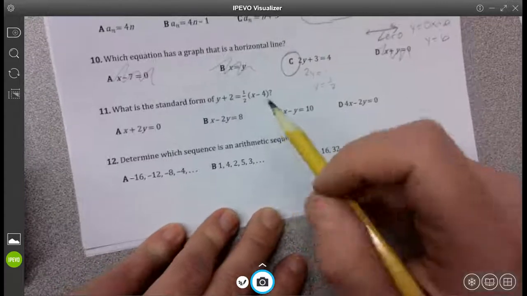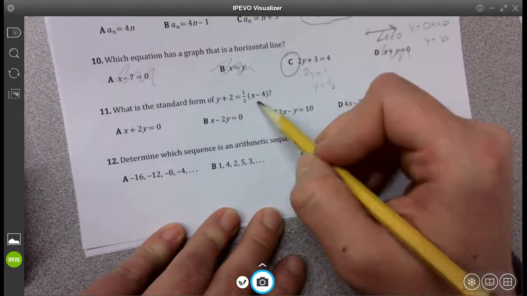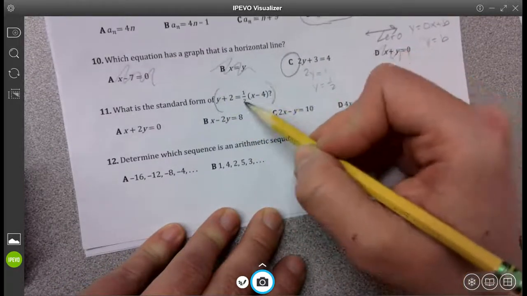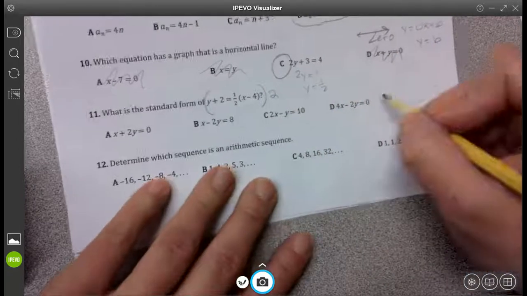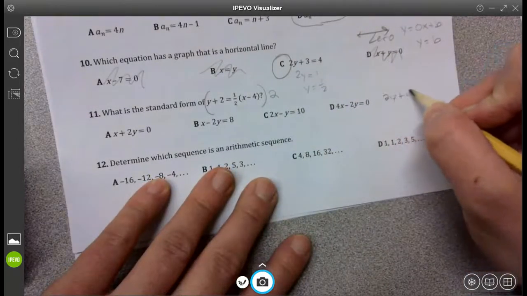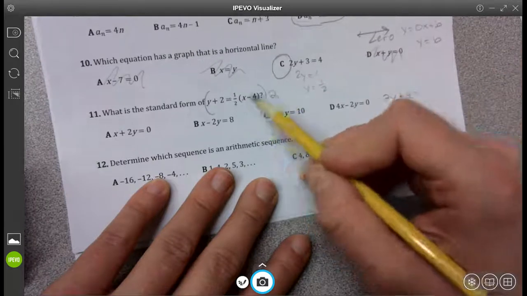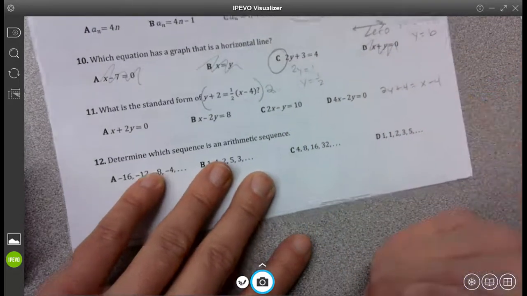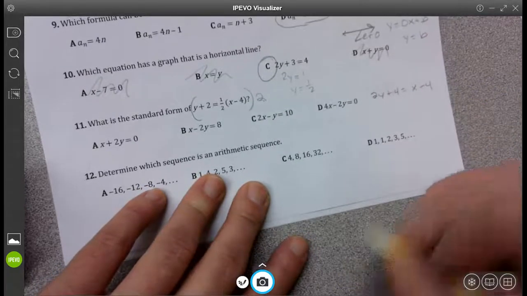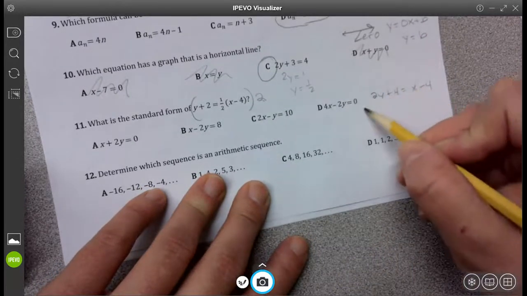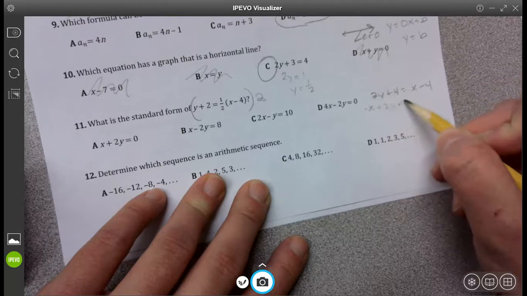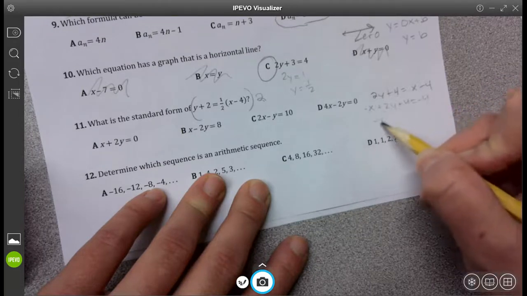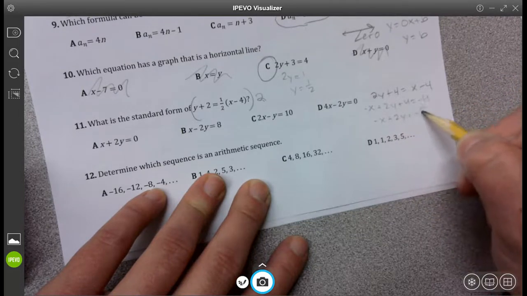What's the standard form of this? If we have a fraction, we're going to clear the denominator. I'm dividing by 2, so I'm going to multiply by 2. You're going to get 2y plus 4 equals, the 2's cancel out, and you're going to get x minus 4. But we want standard form, so we're going to bring x to the other side, and we're going to bring that 4 to the other side.